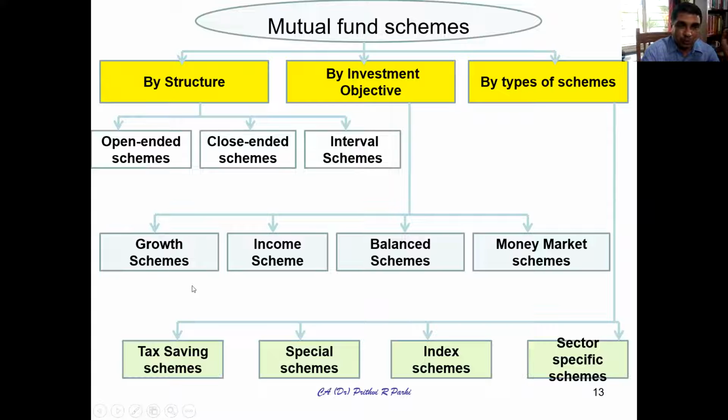By investment, it can be a growth scheme, income scheme, balanced scheme, or money market scheme. And there can be special schemes like tax saving schemes, or schemes for a specific sector and for a specific group of people. Like this, various kinds of funds can be there, which we discussed in the previous class.